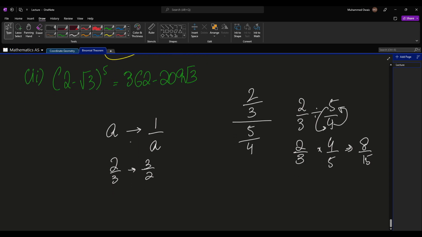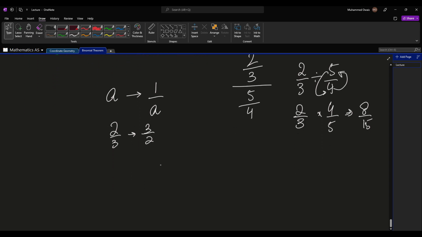So what we can realize is that if we multiply two reciprocals, if I multiply a with 1 over a, this would cut these two a's and give me an answer of 1. So this makes us realize that the product of any two reciprocals will always give us 1.